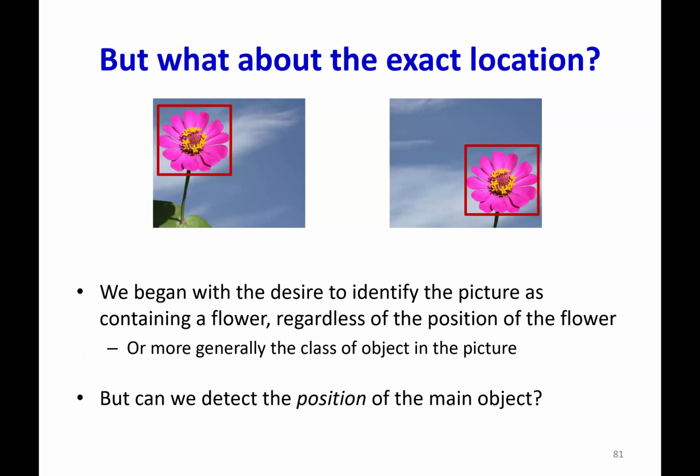But then the model that we have so far only tells you, for instance, whether a flower was present in the picture or not. But how about the location of the flower itself? Can we get information about it? Now, if you were using a non-distributed scan, so a CNN where you didn't distribute the parameters over the various layers, then if you discover that the picture has a flower, how would you determine the location of the flower?